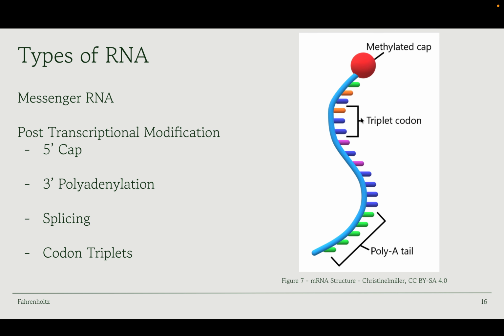Notice over here we also have a triplet codon that's labeled. A codon is a 3-unit coded sequence that will be important in the next step. Each 3-unit section is red. So let's go on to the next slide and see what this code might mean.